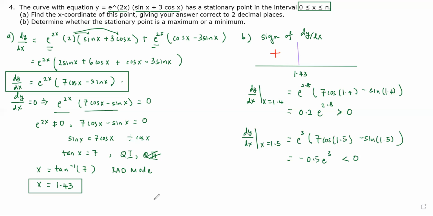And this is clearly negative since e to the 3 is positive. For this case here, we have a positive sign and a negative sign. If you join this, you see that you have a curve with a maximum value. Therefore, the stationary point must be a maximum. So the stationary point is a maximum from the first derivative test.